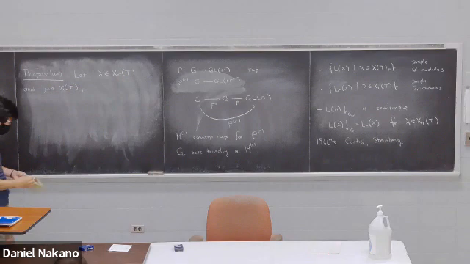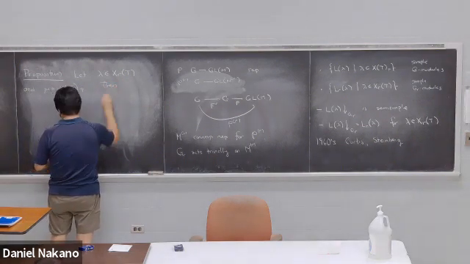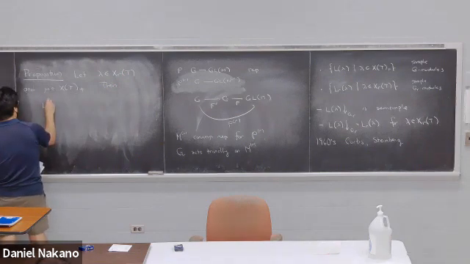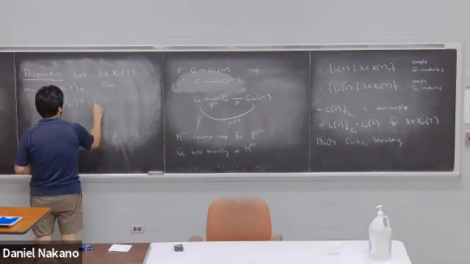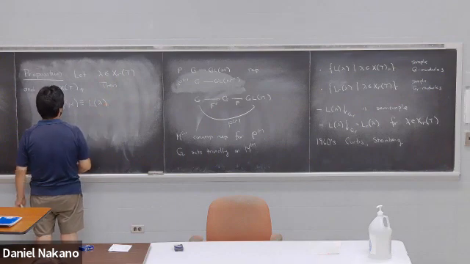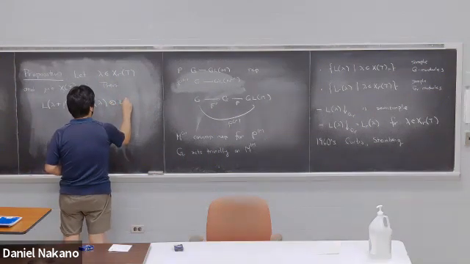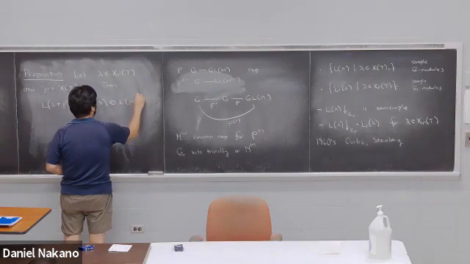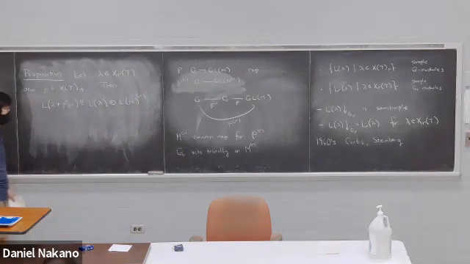Then the G-module L(lambda + p^r mu) is isomorphic to L(lambda) tensor L(mu), twisted by r under the action of F to the r.